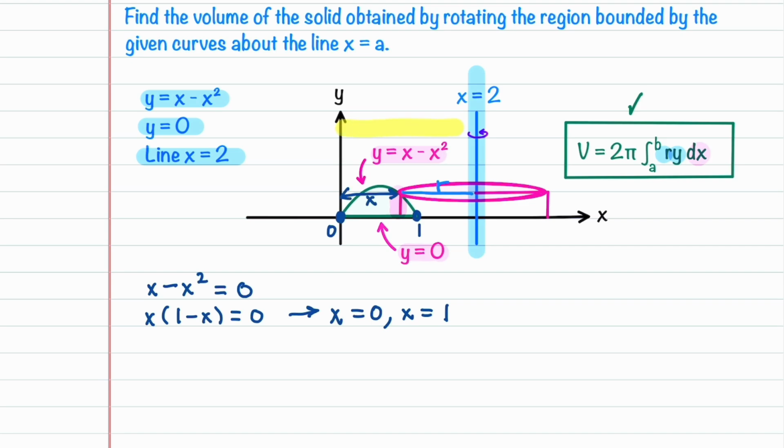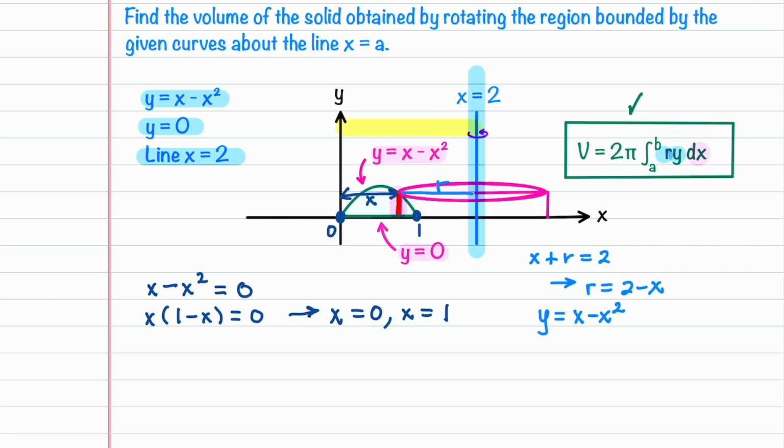Because this distance here is equal to 2, we can say that x plus r is equal to 2, and that gives us a formula for r, and it's equal to 2 minus x. Y then is this distance right here that I'm marking in red, and it is the distance from the x-axis to the curve. We can just write down that y is x minus x squared.